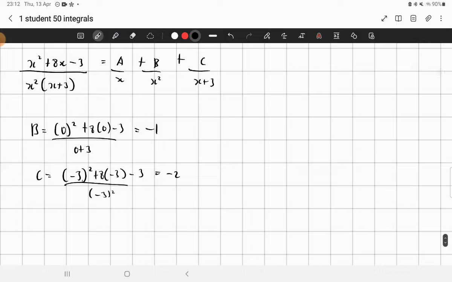Basically, you have to express this as x squared plus 8x minus 3 equals ax plus b times x plus 3 plus cx squared.